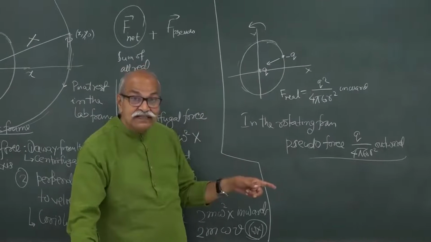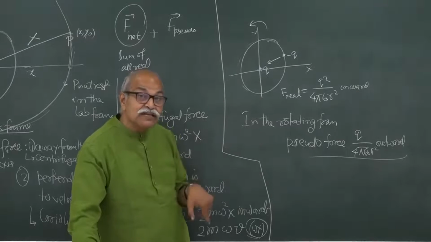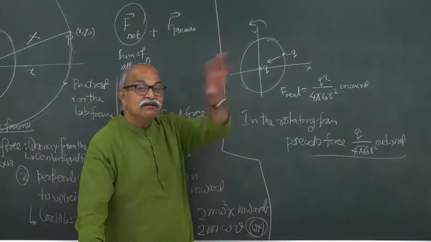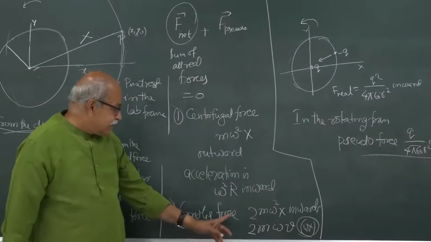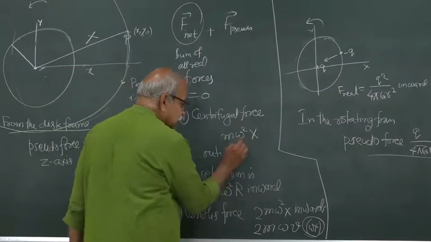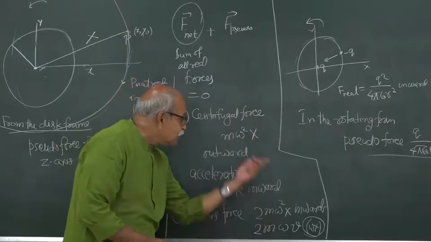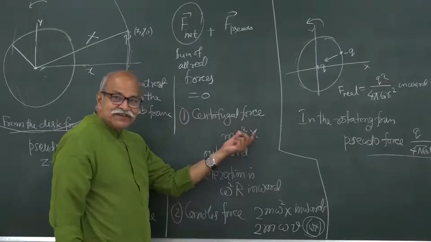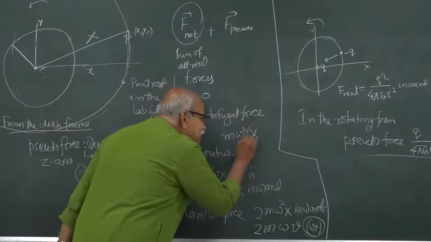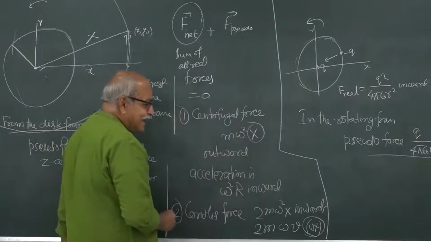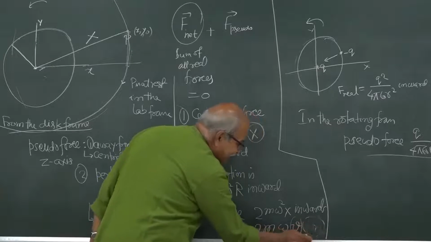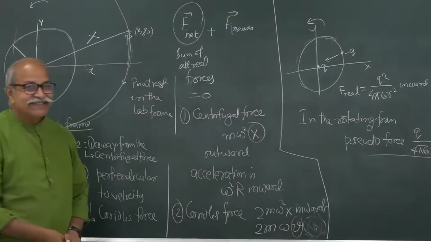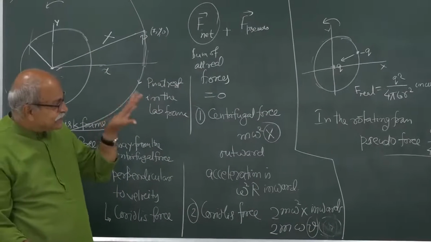If there is no velocity of the particle in my rotating frame, I do not need Coriolis force. So here I will not write this as omega times v. Centrifugal force depends on the position, and the Coriolis force depends on the speed, on the direction and magnitude of the velocity. So this difference one should take care of.